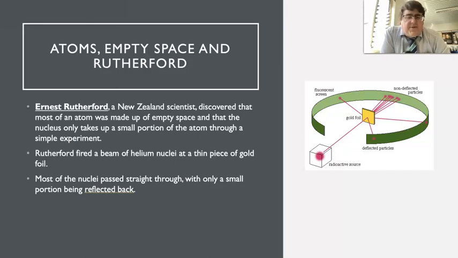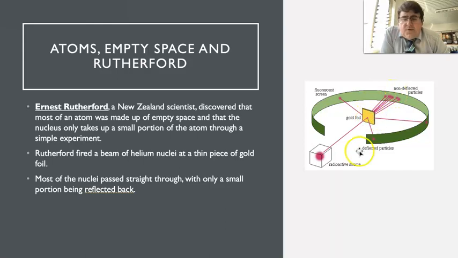What he did was he grabbed helium nuclei, and he fired a beam of that helium nuclei at a thin piece of gold. As we can see here, most of the nuclei passed straight through because it was just empty space. And it's gone right through that gold, and we can actually see it on the other side, hitting the other side over here.